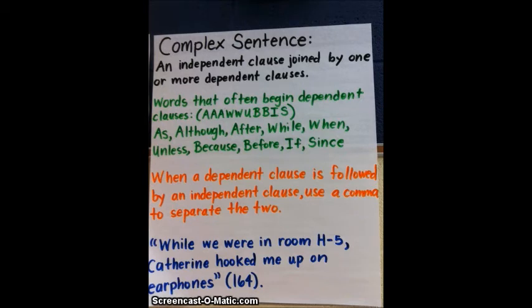As you can see, the example of this complex sentence is made by two different clauses. The first one being while we were in room H5, which starts with the word while, and then we have Catherine hooked me up on earphones, which would be the main sentence of this example.